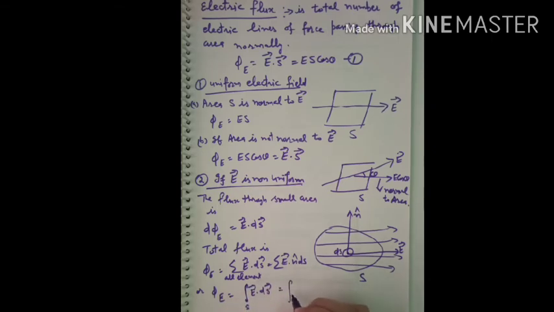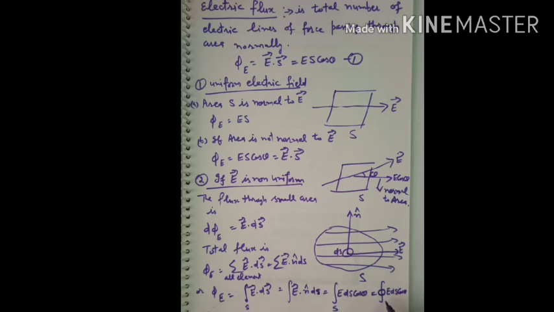So this is equal to integral of E dot n cap ds. This is the dot product: magnitude of first, magnitude of unit vector is 1. So this is E ds cos theta. It is equal to, taking this symbol, this means over the closed surface S. So it is E ds cos theta. So over the closed surface S, phi is equal to integration of this one.